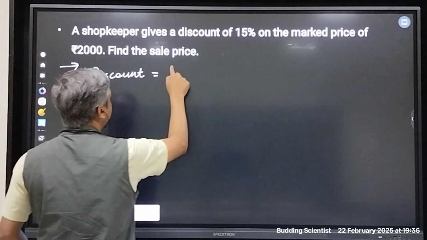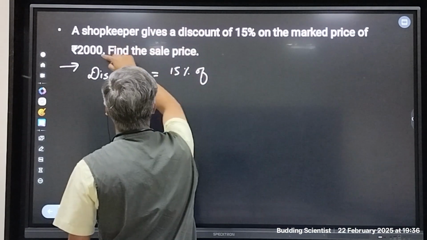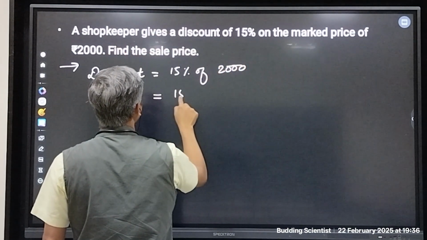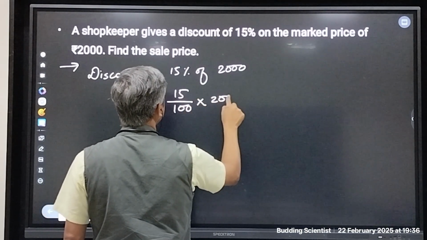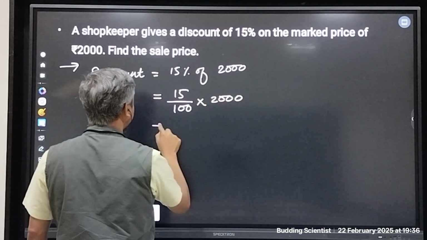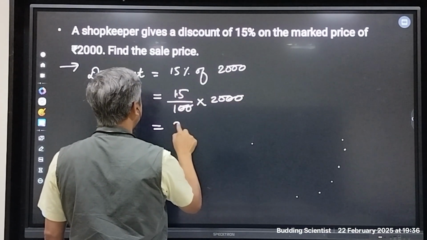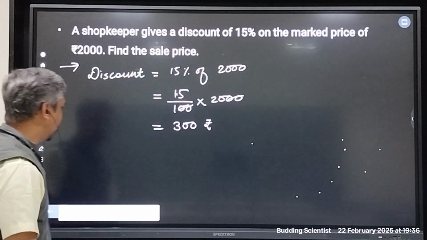So the discount will be 15% of 2,000. Two zeros gone, 15 into 20 is 300 rupees. So 300 rupees of discount.